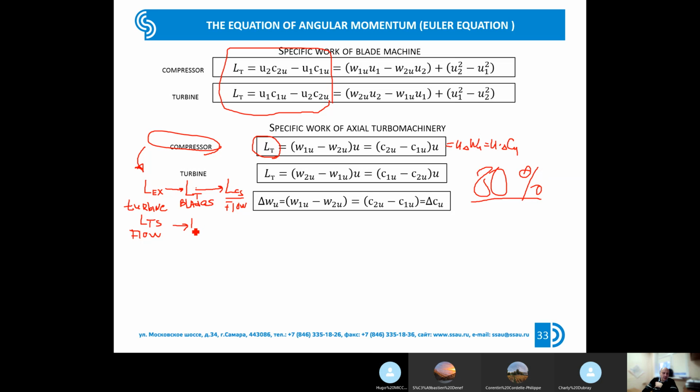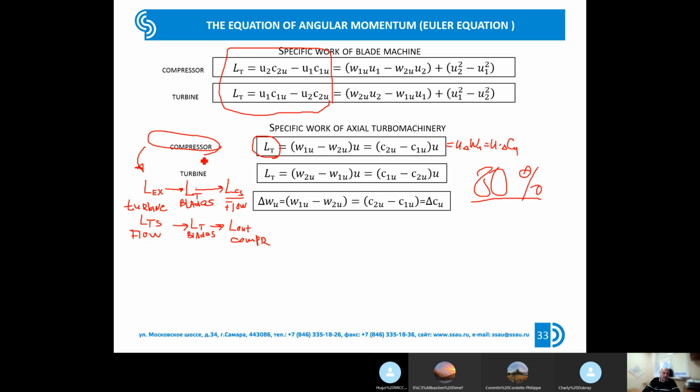We catch it using blades, and exactly this energy could be calculated by the Euler equation, and after that we transfer it to a consumer of the energy, for example, a compressor.